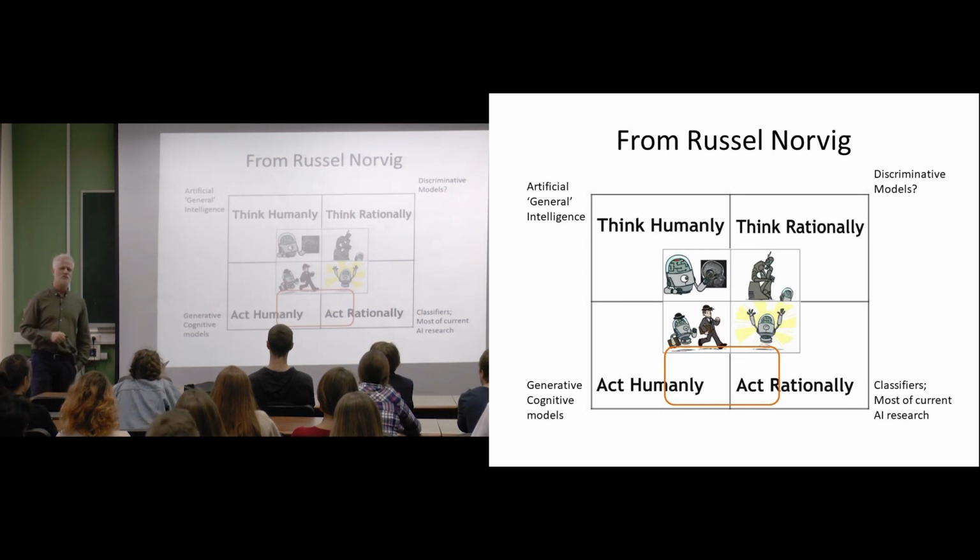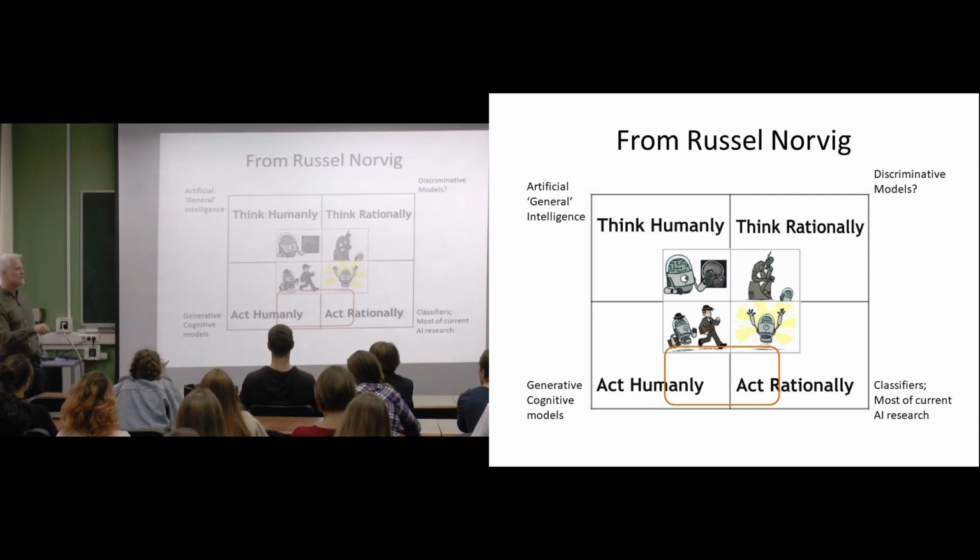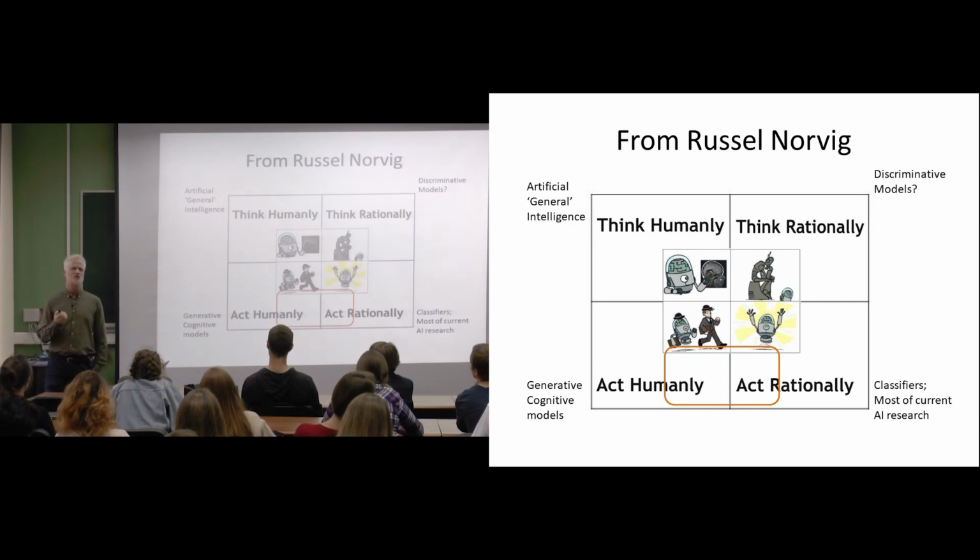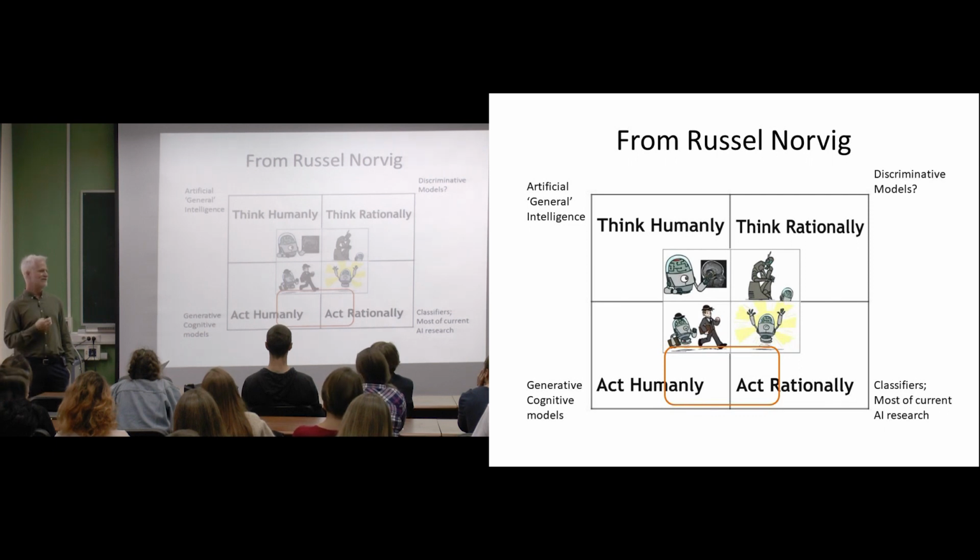A lot of the work I do is actually in this area, in simulation, because I want to be able to simulate human behavior and try to understand human behavior by doing so. Most of the research in most of computer science has moved down here, acting rationally. This is your classifiers. These are your attempts to solve very real problems using the best technique, regardless of whether it's the same way that a human does it or not.